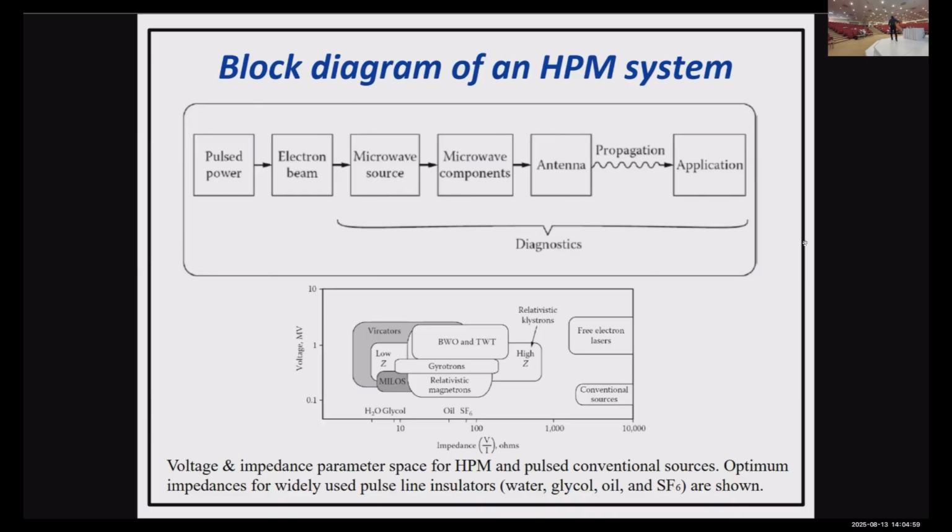High power microwave devices are on the relatively lower side of the plot here. We are talking about 100 to a couple of hundreds of ohms, all the way to low single digit impedance. The reason is that the current is high. Of course, impedance is voltage over current. If you are talking about hundreds of kilovolts and tens of kiloamps, you're going to have a lower impedance. The ratio is going to be lower.